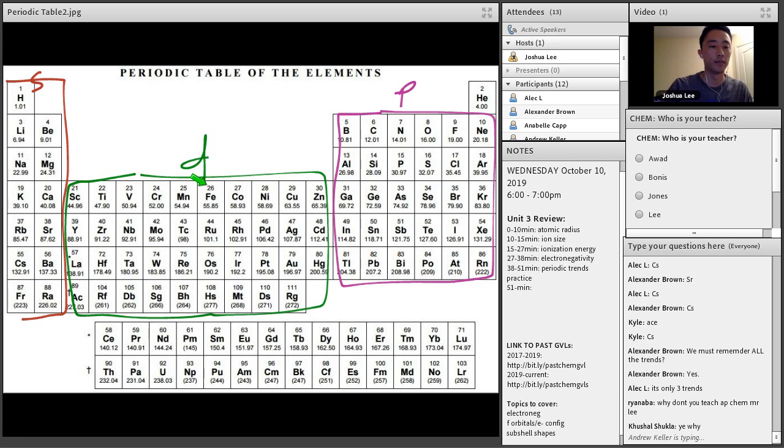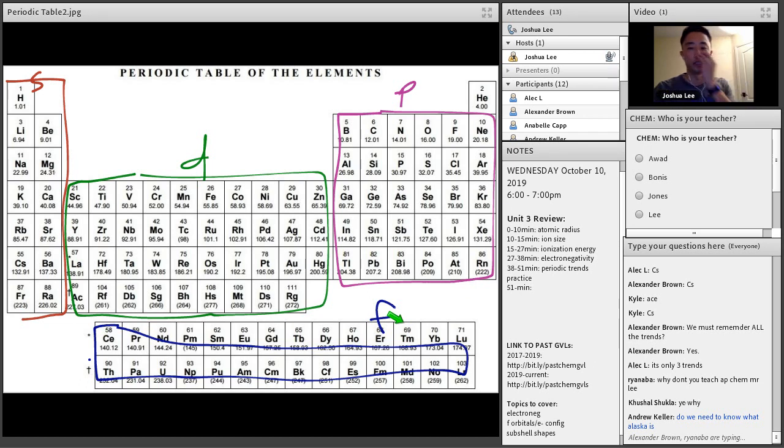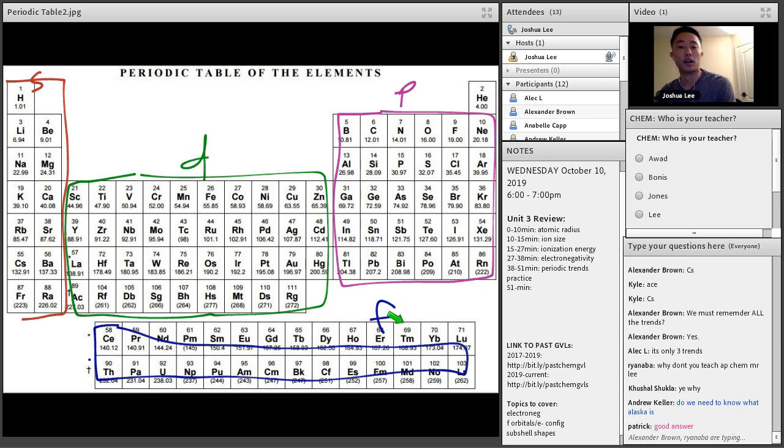Then the F block, what color did I use? Is down here. So at this point, you have an SPDF block of electrons.